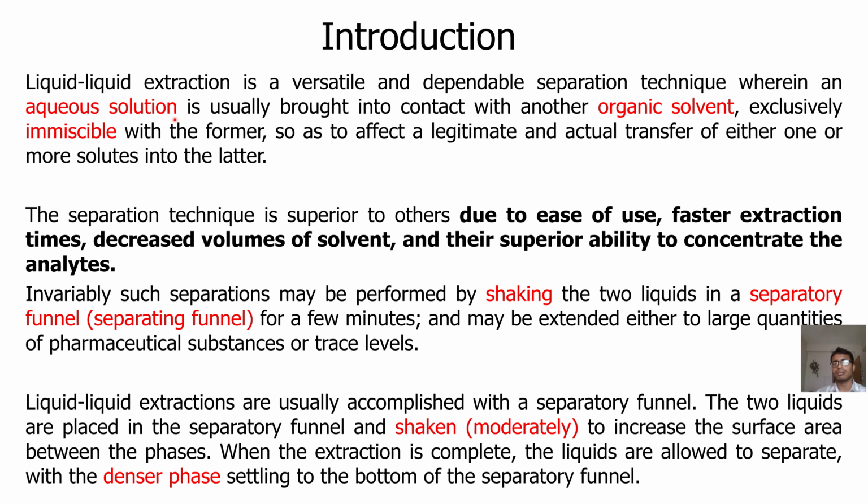For example, I have given you some methanolic extract of some leaves of some medicinal plant. In this methanolic extract you may have some lipophilic compounds. To isolate the lipophilic compounds, methanol is not suitable, because you need to use some other non-polar solvent like hexane.